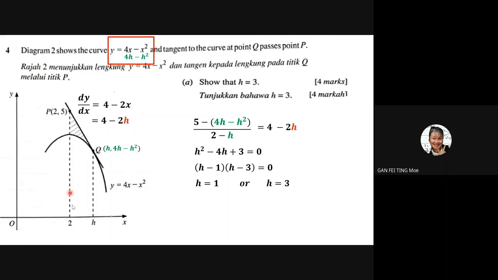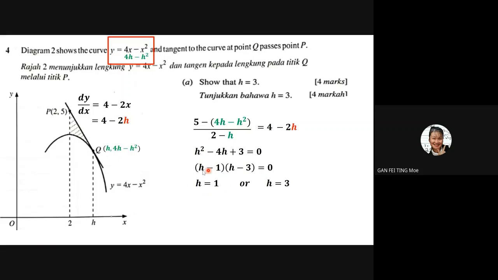When my h is equal to 3, 3 times 4 is 12, 12 minus 9, I get my answer as 3. So the coordinate for this should be 3. When I draw a horizontal line across, you will see that my line is intersecting the curve at one point for x over here.